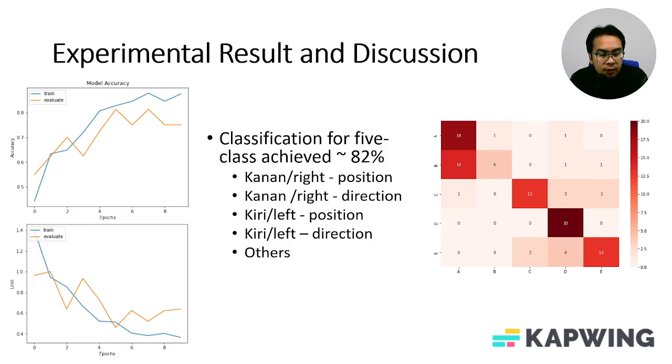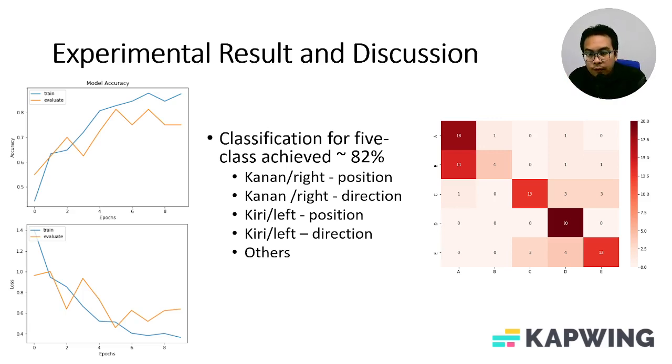This one is the loss one. Then we evaluated on the test set, and we have approximately 80% or 82% classification accuracy for these 5 particular classes.